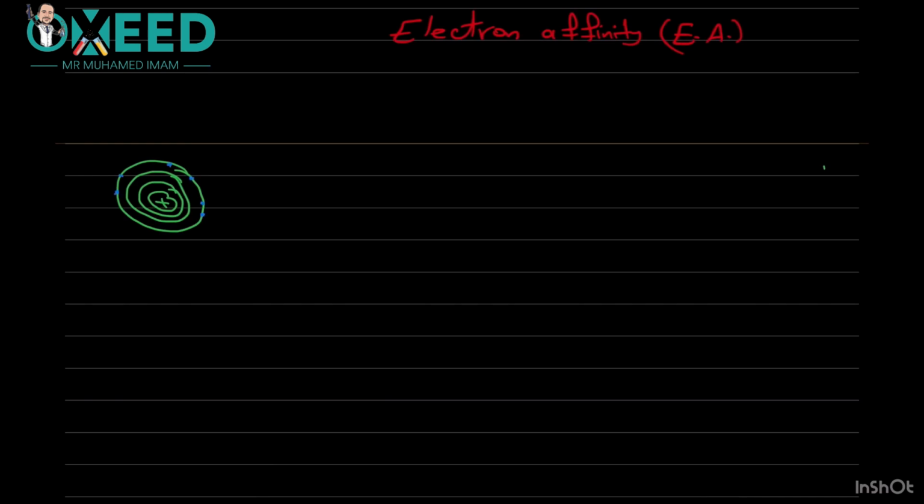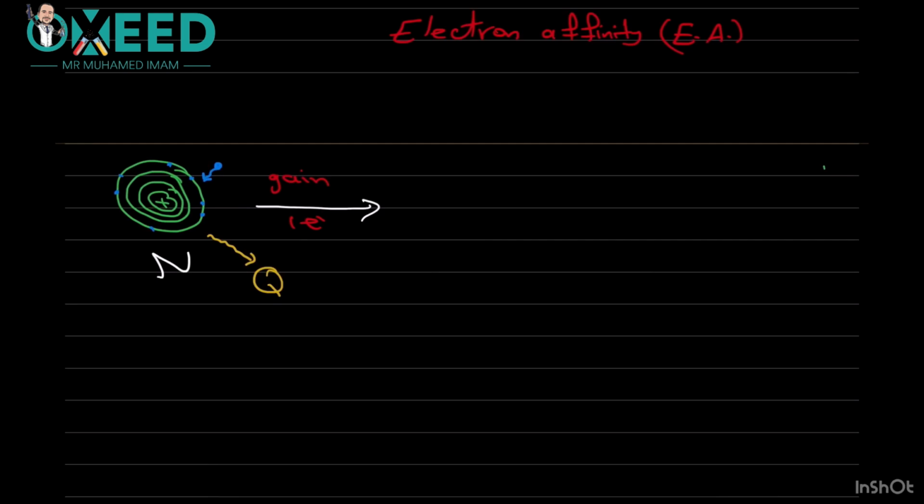We can say that it's fluorine or chlorine. We can refer to it as N. This atom tends to gain an electron. So it will gain 1 electron. To gain an electron from outside, it will release a quantity of energy.